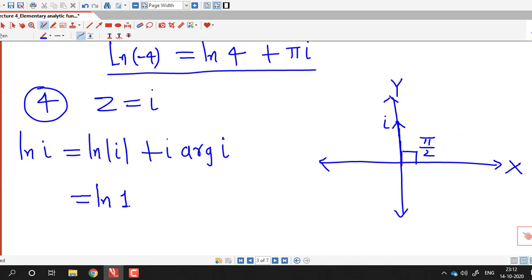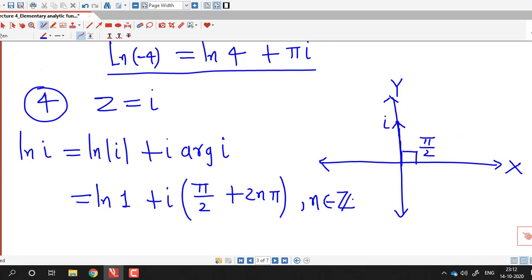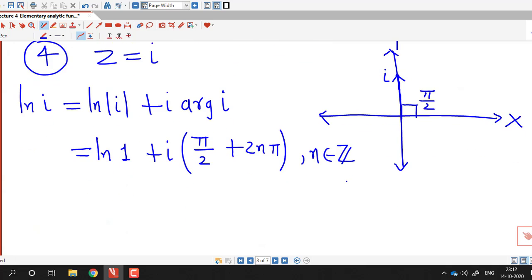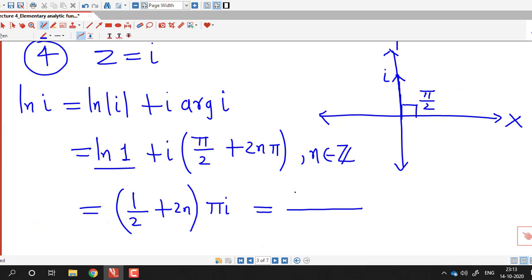The absolute value of i is 1 and the general argument of i is pi by 2 plus 2n pi, n belongs to Z. And here log 1 is 0, this is the real logarithm, and we can take pi common, so it is (1 by 2 plus 2n) into pi into i, or we can rewrite this as (4n plus 1) divided by 2, where we have taken 2 as the LCM.